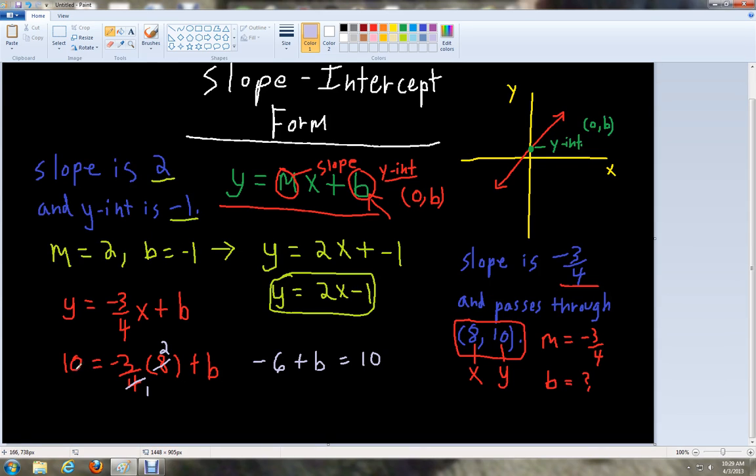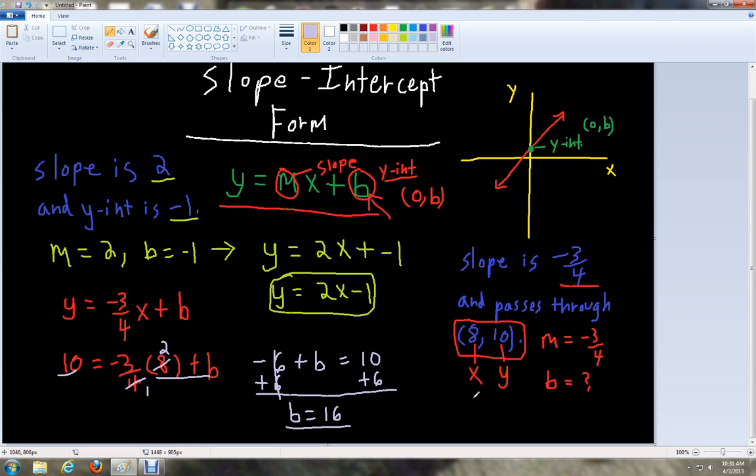Notice that I switched the 10 and the expression with b to different sides, left and right. You can actually do that with equations, just making sure that the appropriate terms are still together. So negative 6 plus b is 10, and if we add 6 to both sides, we get the b value by itself. So b equals 10 plus 6, which is 16.